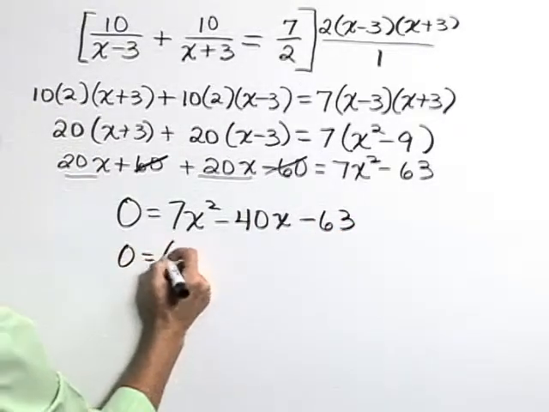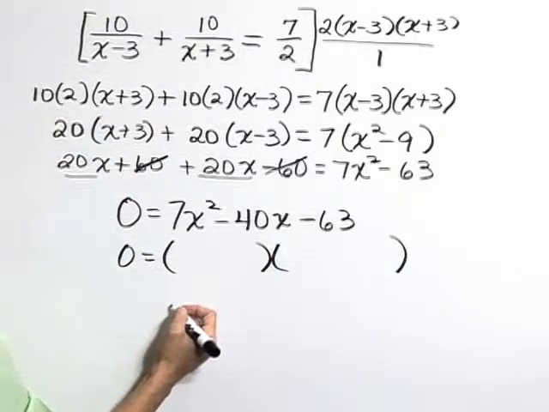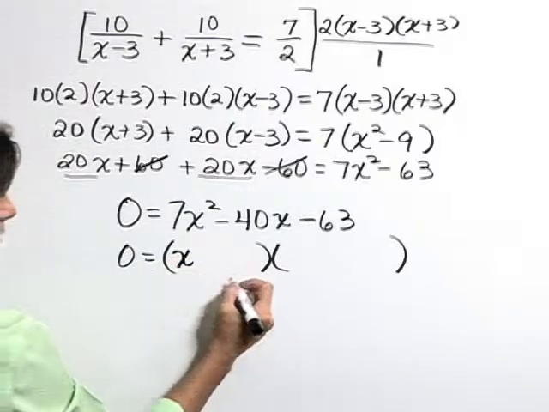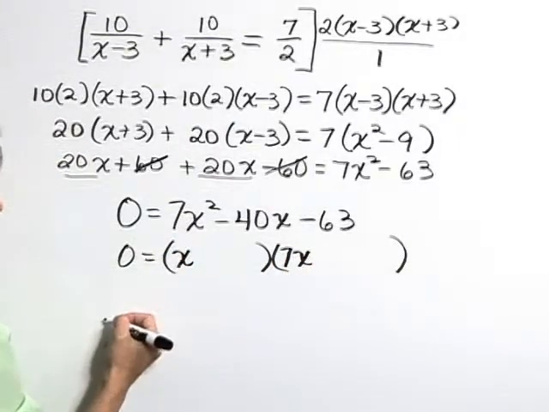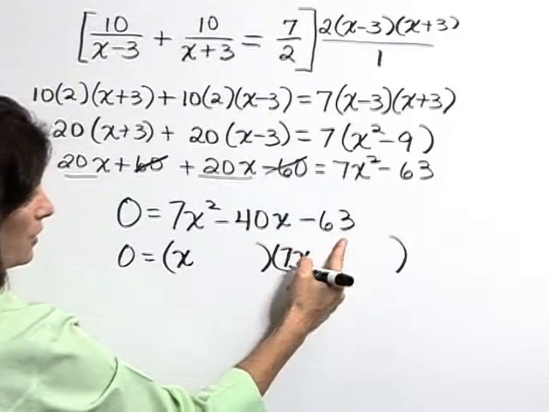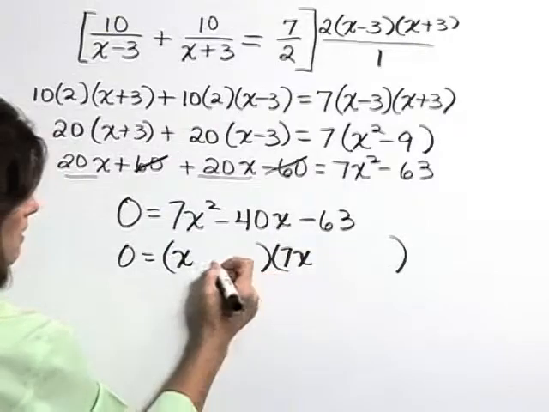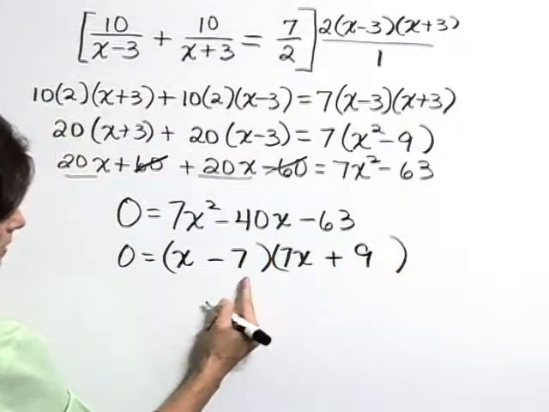Let's solve this by factoring. If it factors, it's going to factor as the product of binomials, where our leading terms have to be x and 7x to give a product of 7x squared. Factors of negative 63 that are going to work in here are a minus 7 and a plus 9. Let's check.